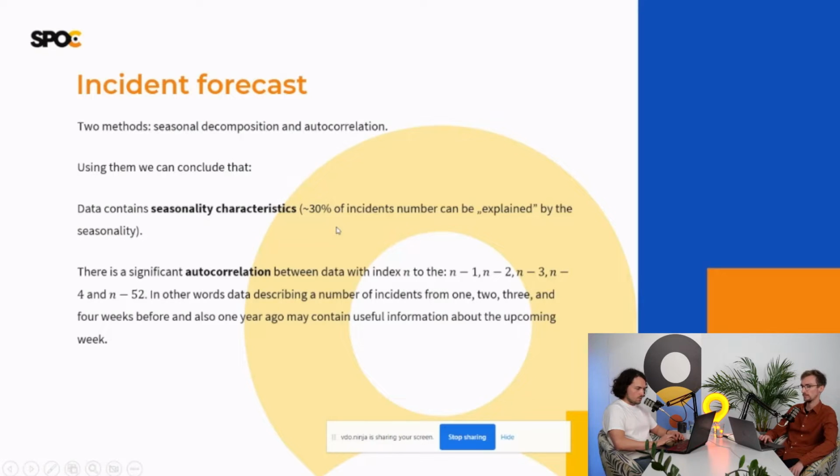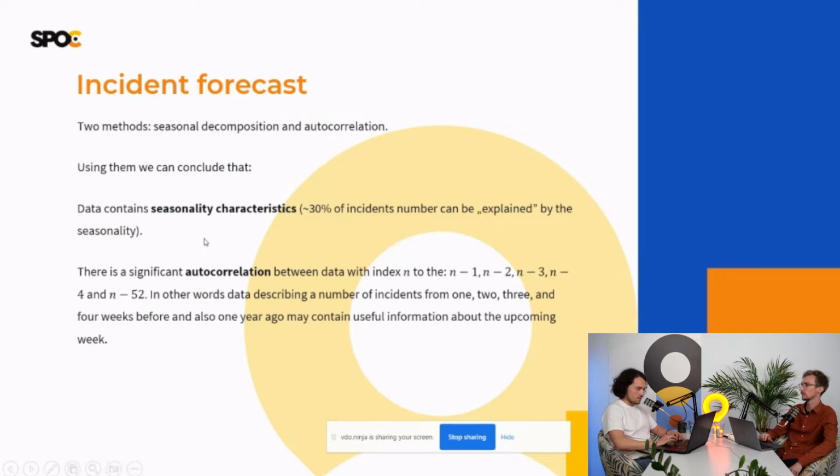And what is interesting is that 30% of our incidents can be explained. It's not exactly explanation, it's more like a trend analysis, but still 30% of our data can be predicted just by the seasonality characteristics inside of it. They happen every year. Yeah, there is some structural recurrence inside of our data across the time domain of a 1 year time span.